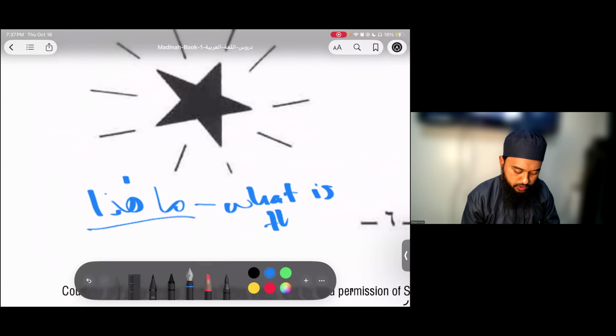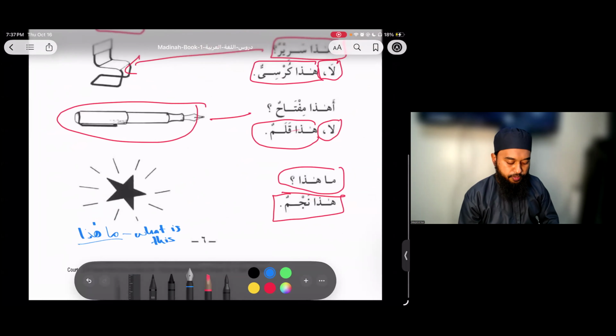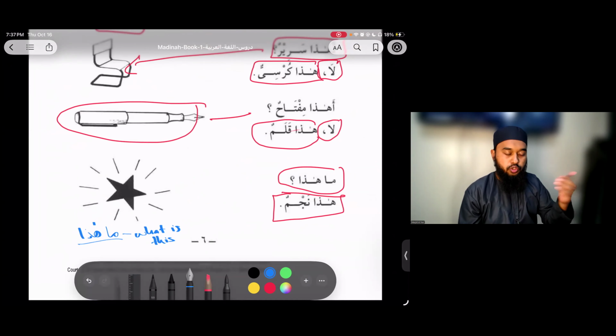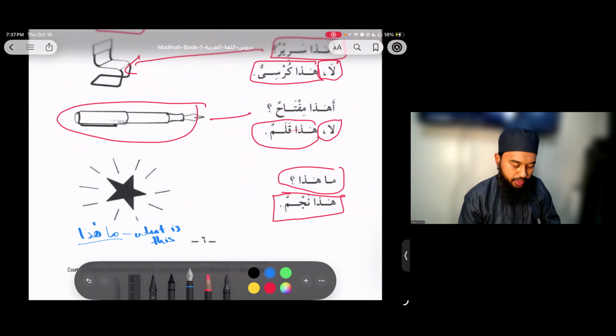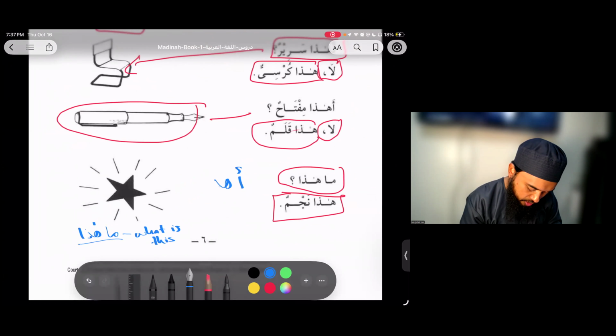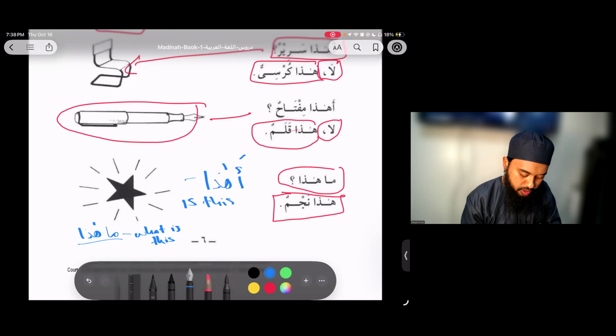And another way to articulate this sentence is when you already know what the object is and you just want to confirm whether you're right or wrong. How do you say that? Ahada. Then you specify that word. Ahada kitabun. Ahada, which means, is this, whatever it is.